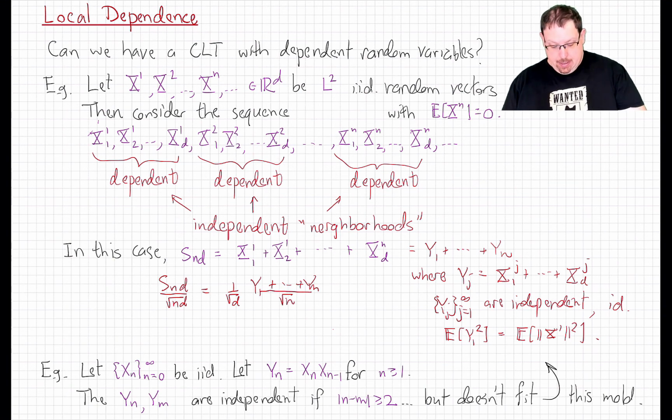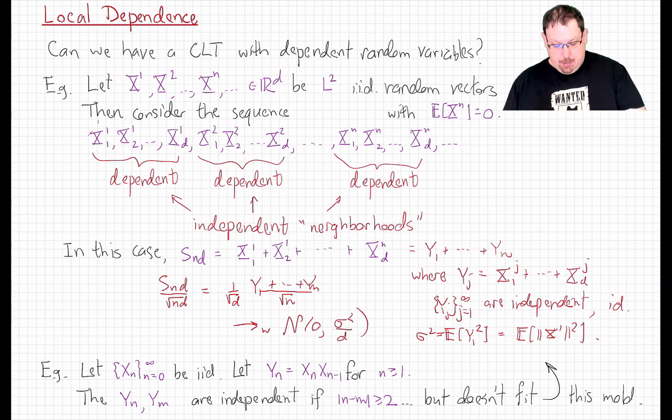And by the classical central limit theorem, this is going to converge in distribution to a normal with variance given by this common variance here. Now, the addition of this 1 over root d term here means we have to scale that down, and so this will converge in distribution to a centered normal of variance sigma squared over d.